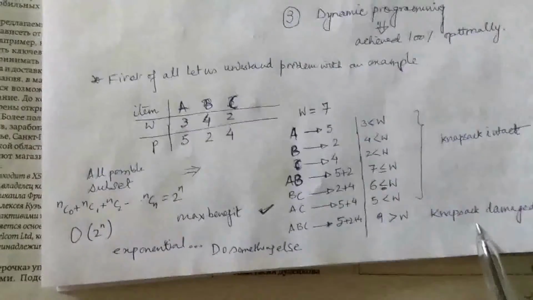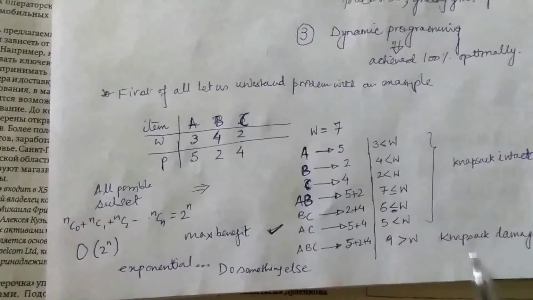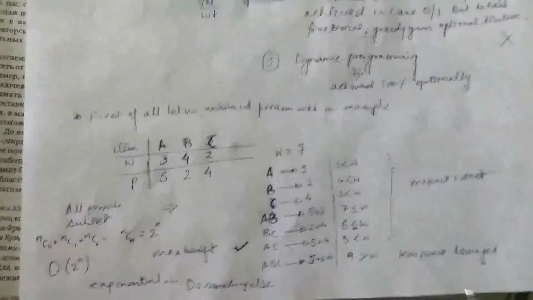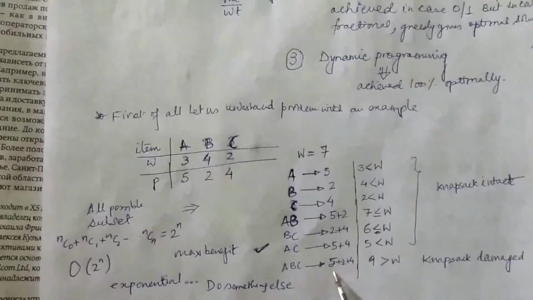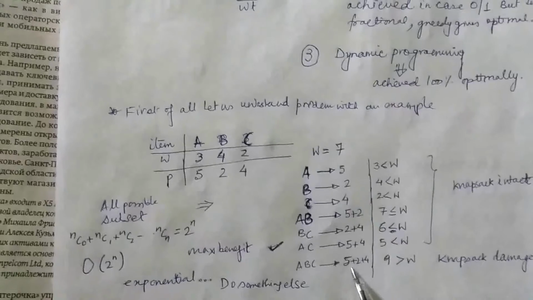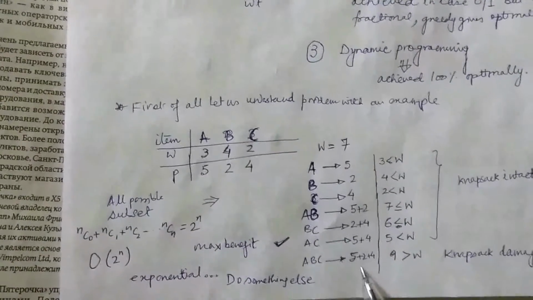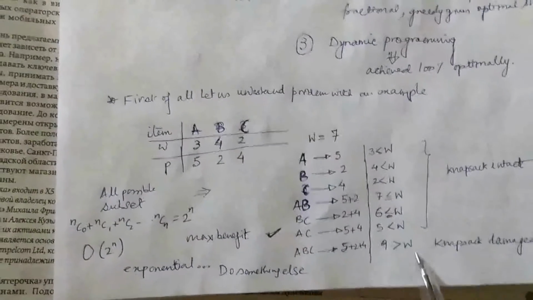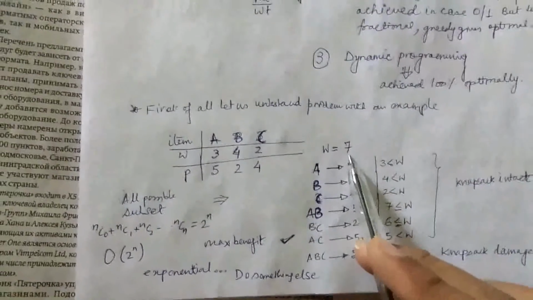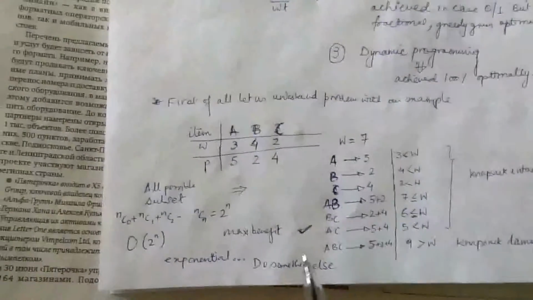So here the knapsack is damaged. We need to think of this constraint. We will not take this, although the value is 11, because the total weight is greater than the threshold.